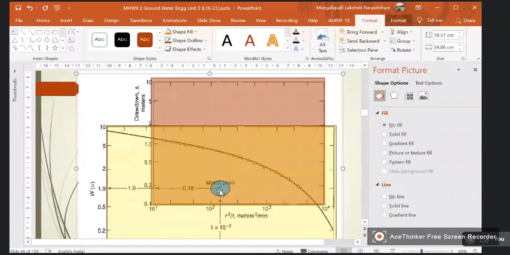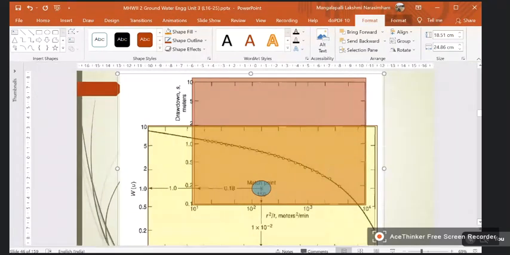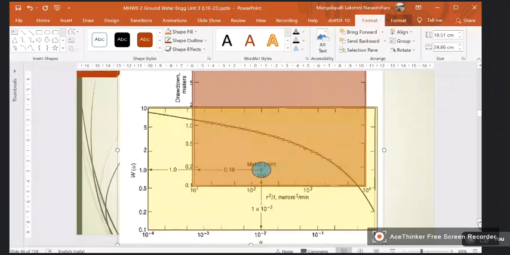So the values of u, W(u), s, r square by t. See, here you are having s here. This is s.